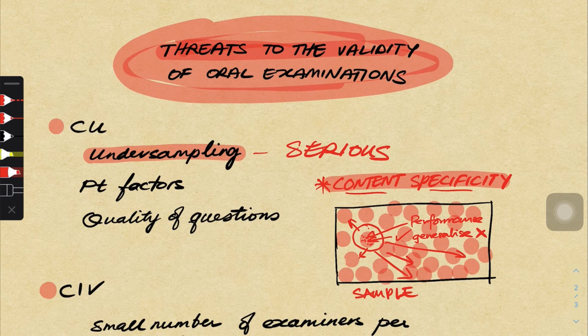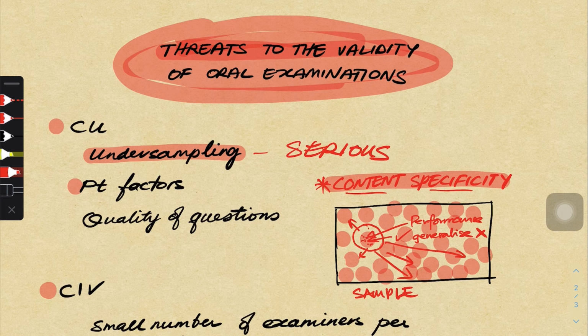And some other problems related to construct underrepresentation are patient factors. If the skill or area is related to a patient, then you need to ask students to see patients. Then patient factors play a role, such as the patient's ability to cooperate with the student, whether they give consent or not.